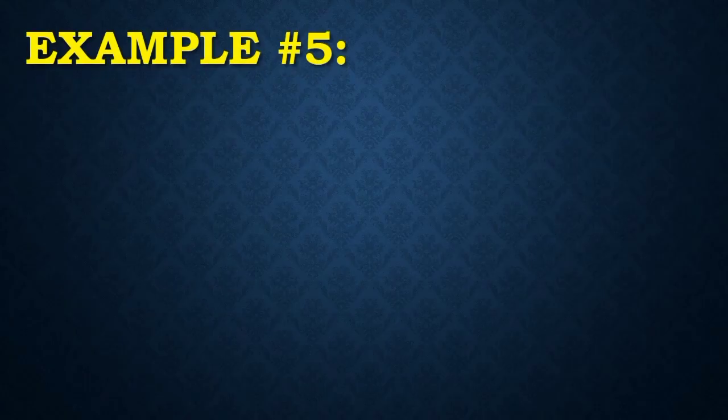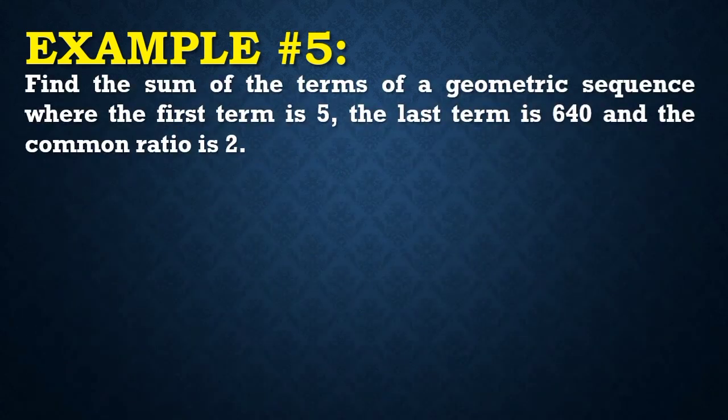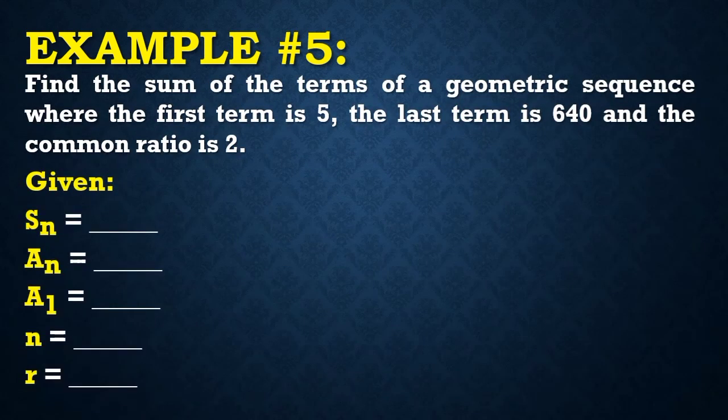So for our next problem, for our last problem for finite geometric sequence, so multiple solutions muna dito yung gagawin natin. So let's have the problem. Find the sum of the terms of a geometric sequence where the first term is 5, the last term is 640, and the common ratio is 2. So let's identify the given.